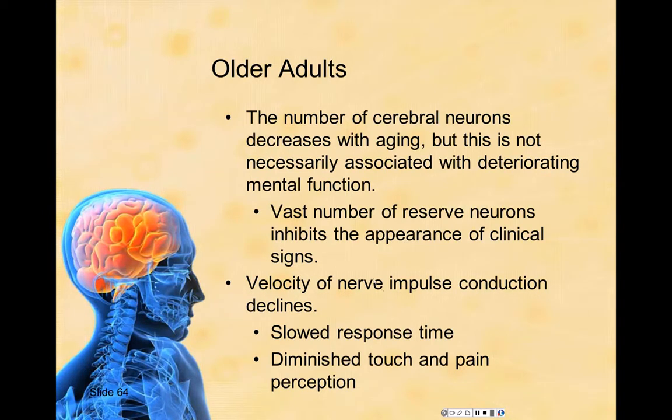So it depends on other things as to whether that causes mental deterioration. However, we do know that the velocity, or the speed at which we are able to respond to impulses, declines with age. So in older adults, there is a slowed response time and a diminished sense of touch and pain perception.